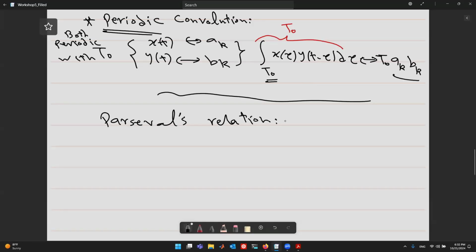So Parseval's relation says that if you calculate the power of the signal in the time domain, it is the same as if you calculate it in the frequency domain.